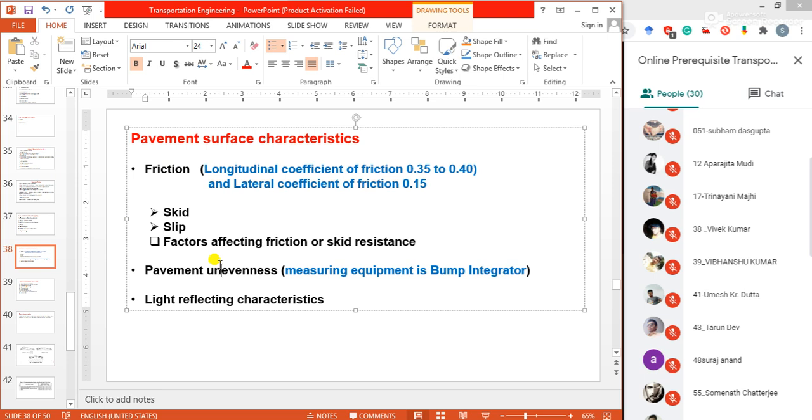That is, when the path traveled along the road surface is more than the circumferential movement of the wheels due to their rotation. Therefore, skid is when your tire is completely locked, or partially locked.